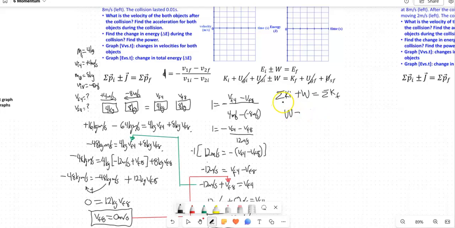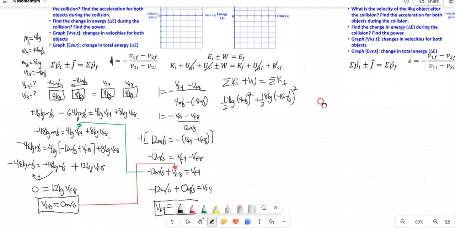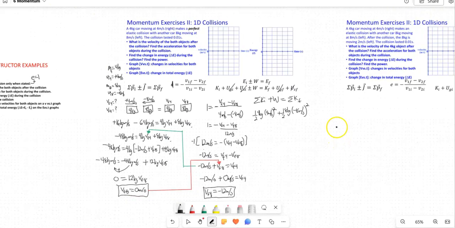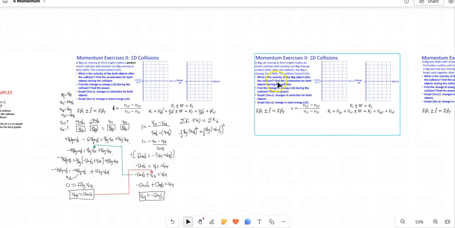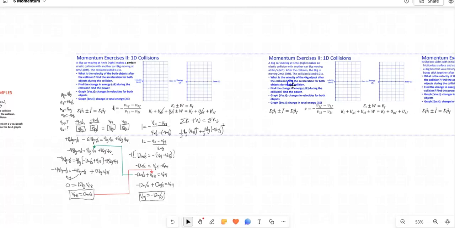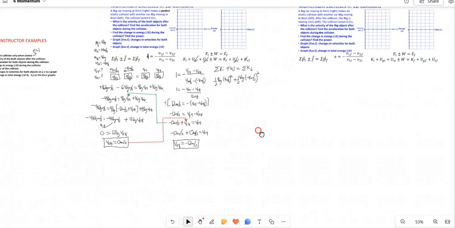Actually, you know what? I'm just going to sum up the kinetic energies to begin with here. So this will be 1/2 times 4 kilograms times 4 meters per second squared, plus 1/2 times 8 kilograms times negative 8 meters per second squared. I'm going to scooch this guy over so I have a little bit more room.